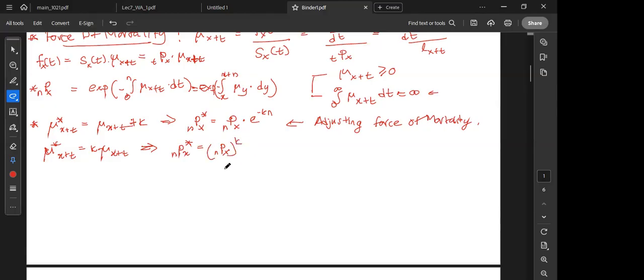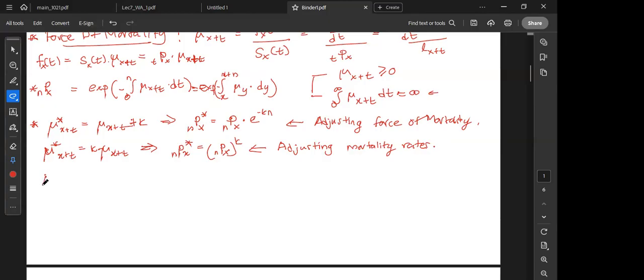Now it is, which means instead of the exponent, we have now a new power for the previous survival function. And we call this one adjusting mortality rates. So these are the two instances we can modify the force of mortality.